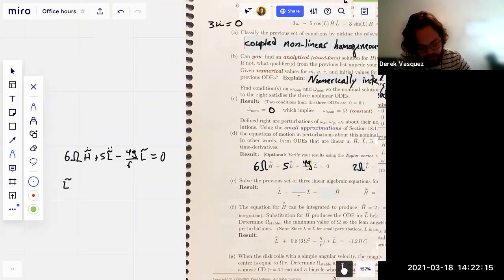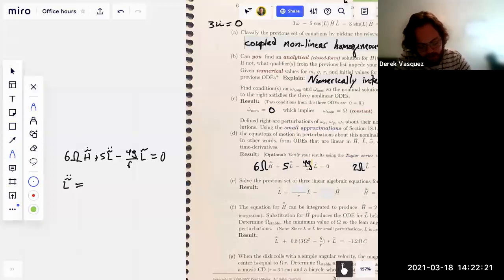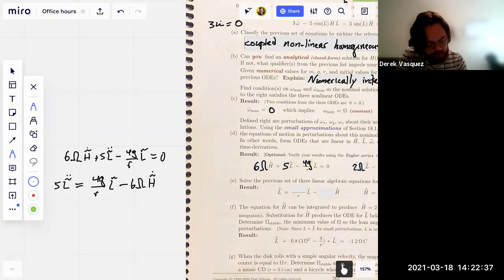So we have L tilde double dot equals, I'm going to add 4G over R times L tilde to both sides and subtract 6 omega H tilde dot from both sides. This is still a 5 L tilde double dot, so that means I have to divide by 5. So you have 4G over R divided by 5 comes out to 0.8 G over R.